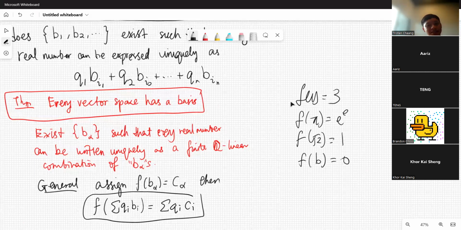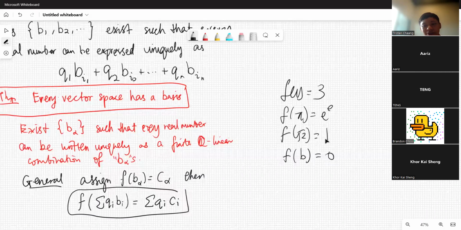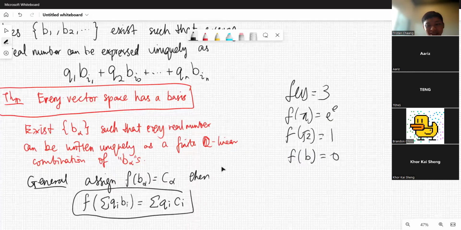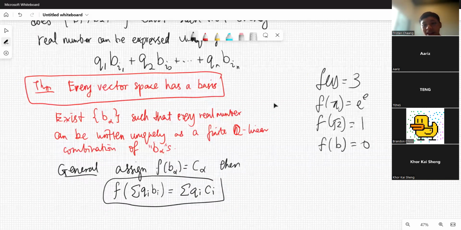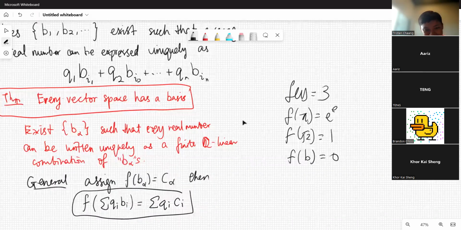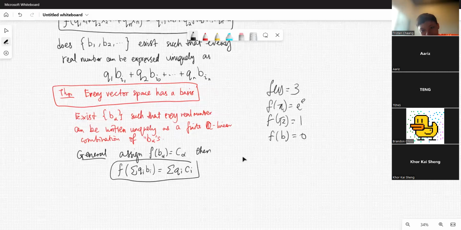Then such an assignment will also exist. So you can write some obvious ones, but normally it will be quite impossible to write a different number for every single basis element. Maybe you can, like f(ba) equals ba, but this will be a general solution, and I will not talk too much about it.